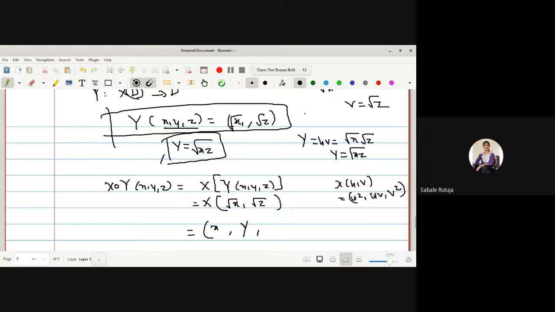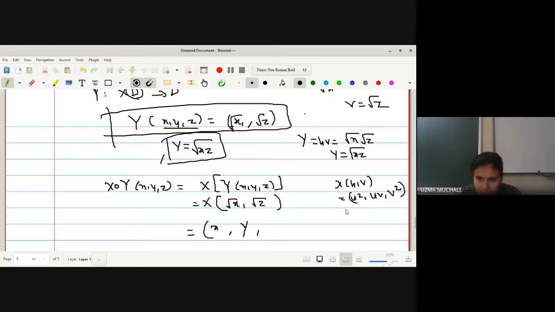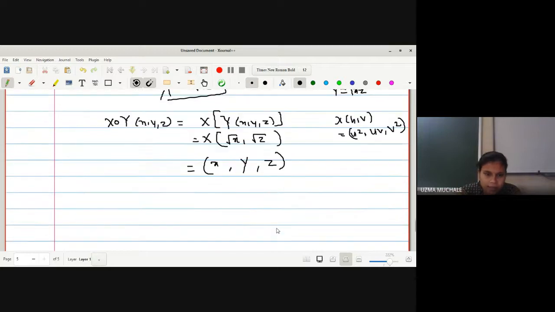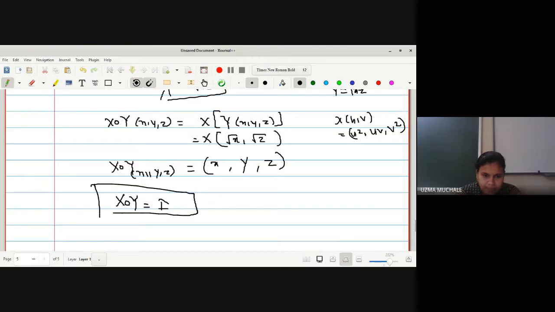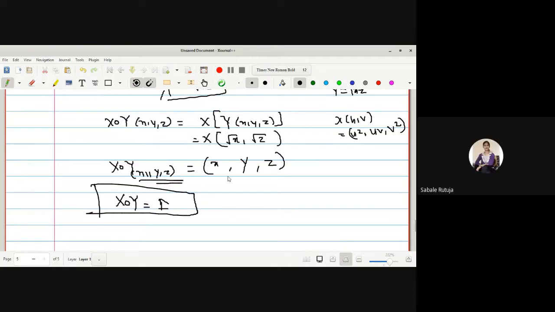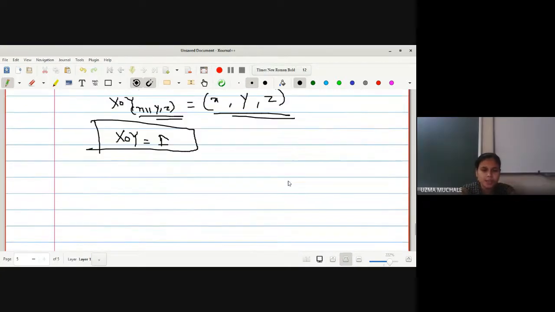Yes, ma'am. Now v square, that is second term का square क्या आएगा, it is simply z. So directly we have written here x composite y is y of x y z, it is x y z. It ensures that x composite y is an identity map, because it maps xyz to xyz itself.